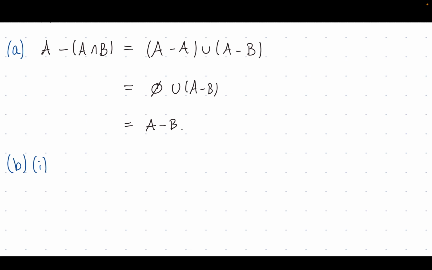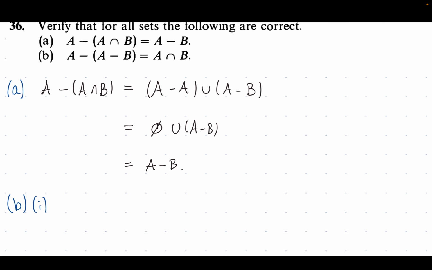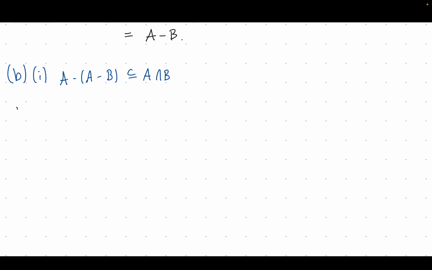So first we're going to show that A minus A minus B is a subset of A intersect B. Right, so let's suppose, as usual, that X is in A minus A minus B. Okay, then X is in A and X is not in A minus B.